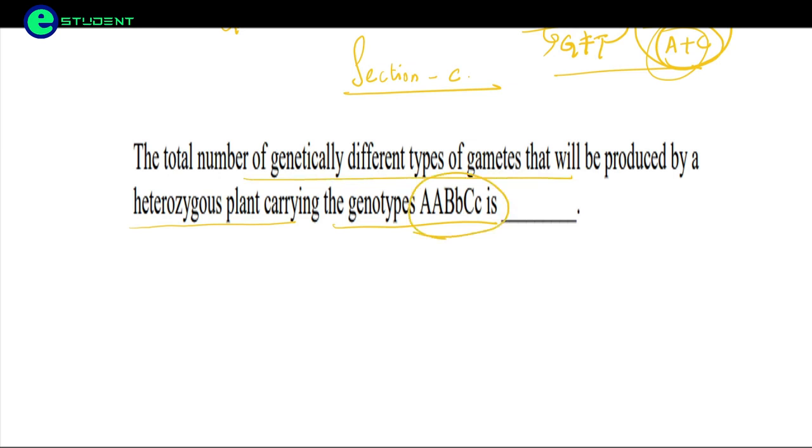For these types of questions, we have a general formula, that is 2 to the power n, where n is the number of heterozygous pairs in the genotype.